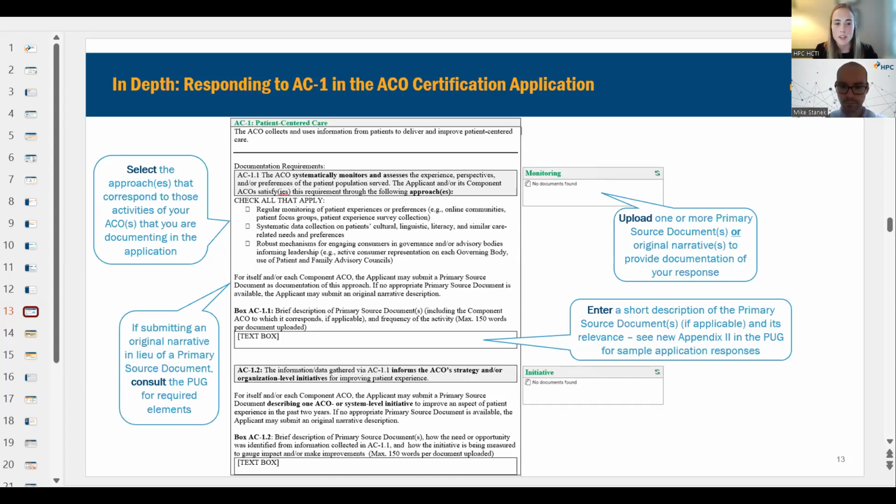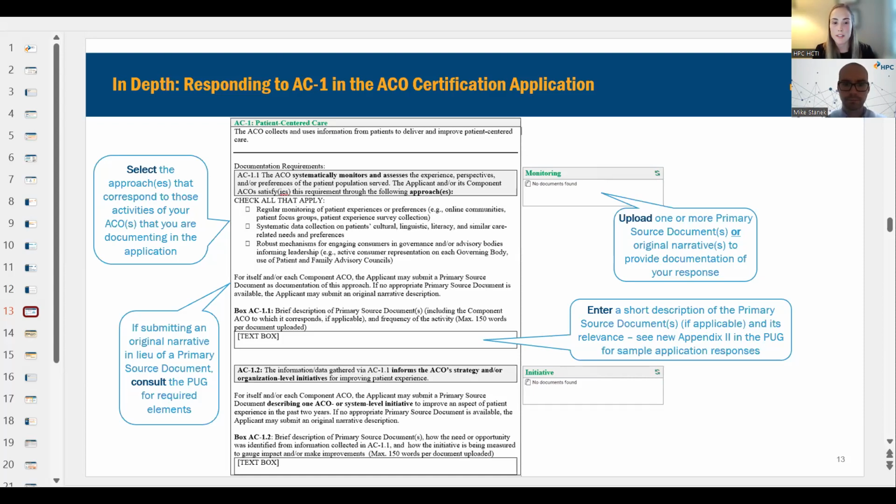First, you would select the approach or approaches that correspond to the activities of ACOs you're documenting in the application. If one approach applies to both the applicant ACO and the component ACOs in your application, that's all you need to select here in terms of meeting the standard.